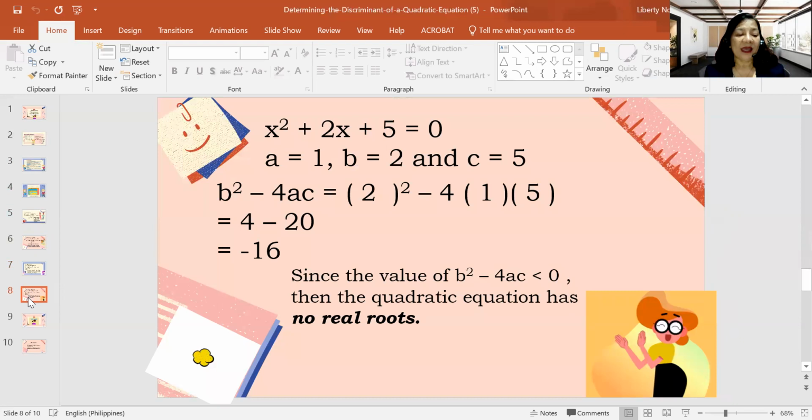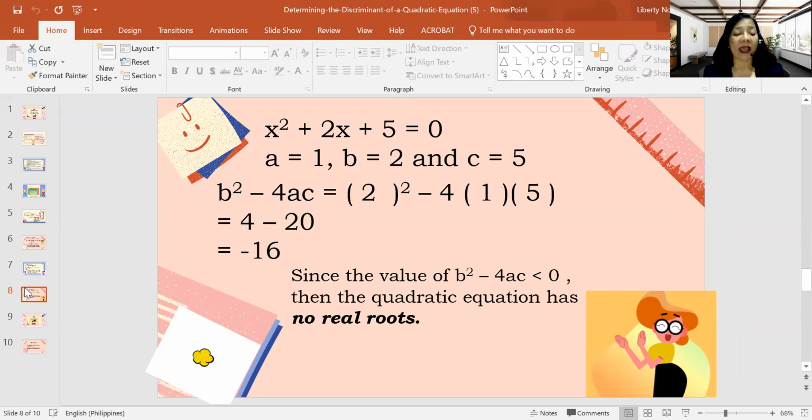Another example, x squared plus 2x plus 5 is equal to 0, where a is equal to 1, the numerical coefficient of x squared, b is equal to 2, the numerical coefficient of x, and c is equal to 5, the constant. b squared minus 4ac: substituting the values, it gives us 2 squared minus 4 times 1 times 5. 2 squared is 4, minus 4 times 1 times 5, which gives negative 20.